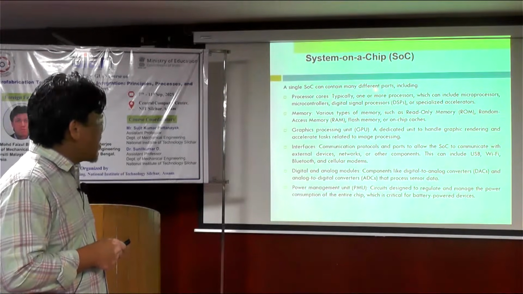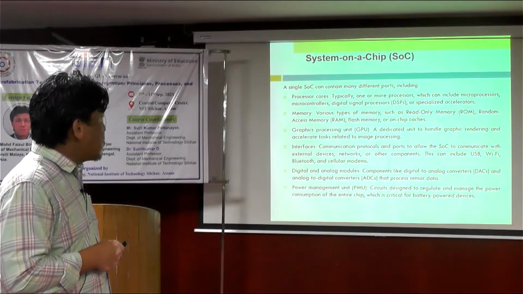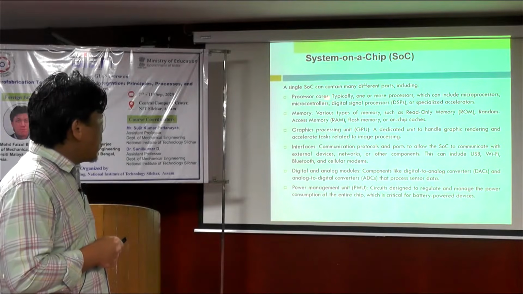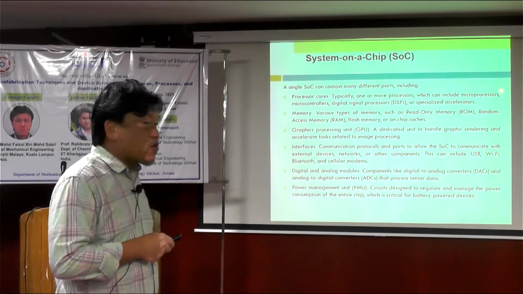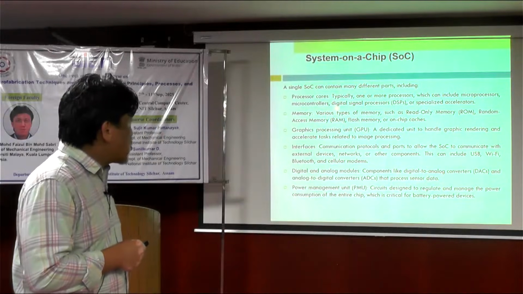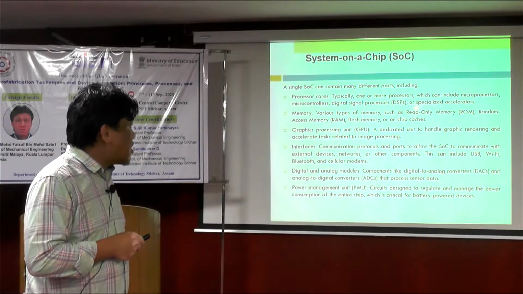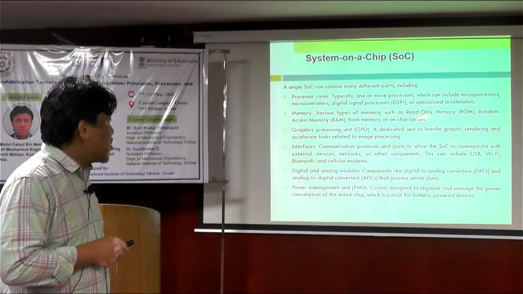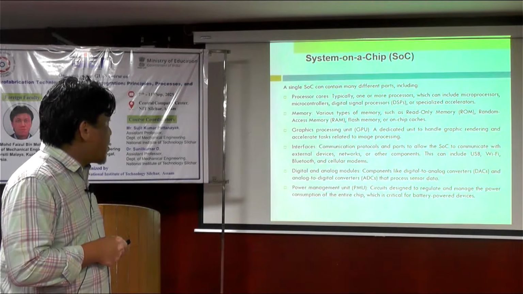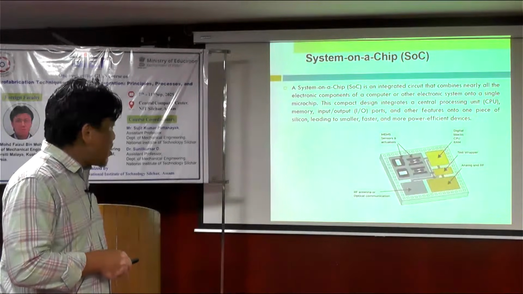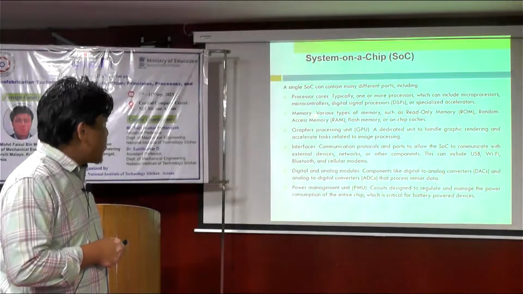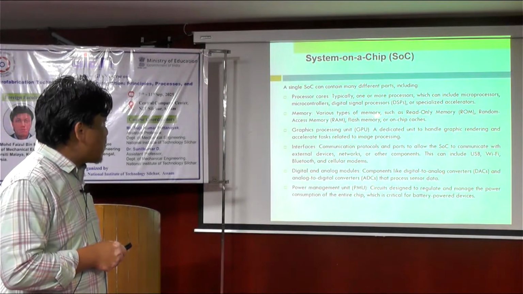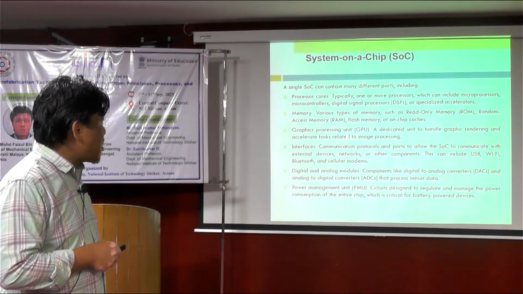SoC can contain many different parts. One is the processor cores, typically one or more processors, which can include microprocessors, microcontrollers, digital signal processors, or specialized accelerators. So in our previous case here, we can see a few components. And memory, for example, various types of memory such as read-only memory.